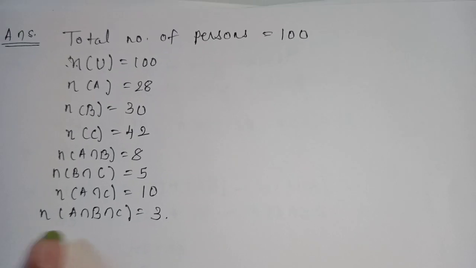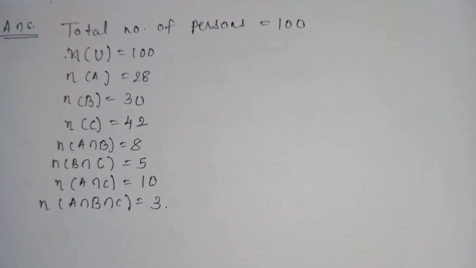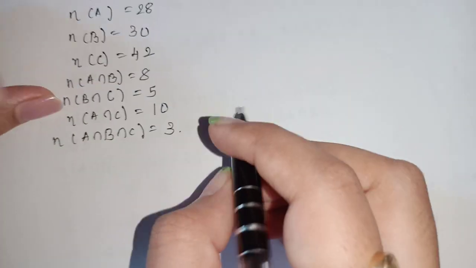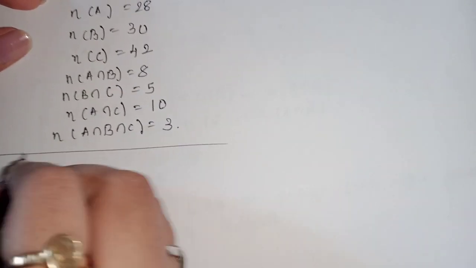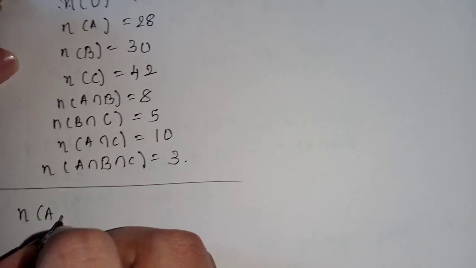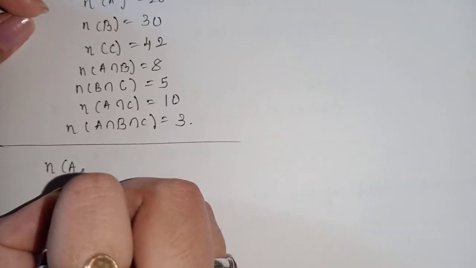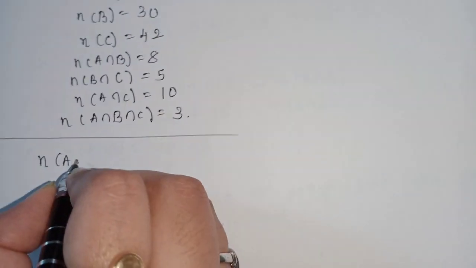Now you get the idea which formula we will use over here. Now I will first find number of A union B union C. Everything is given here, so I will use that formula.